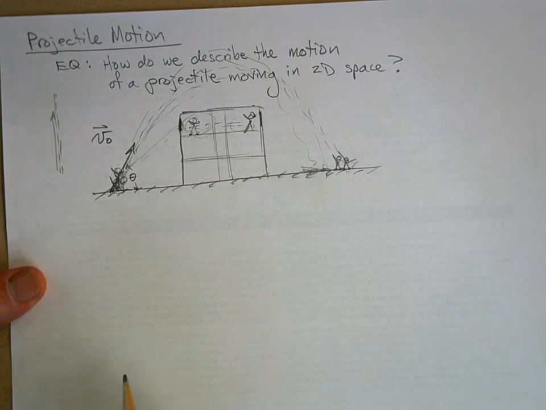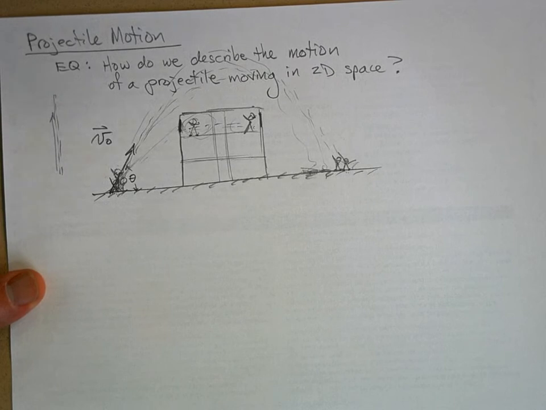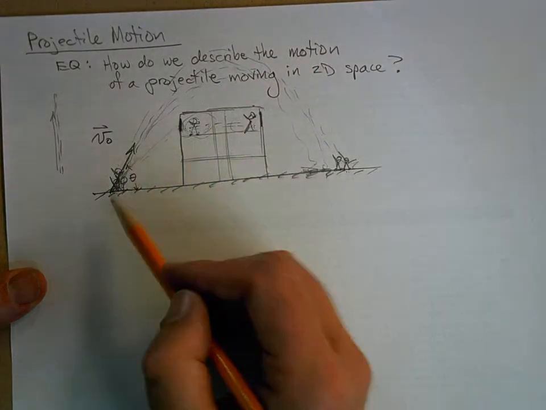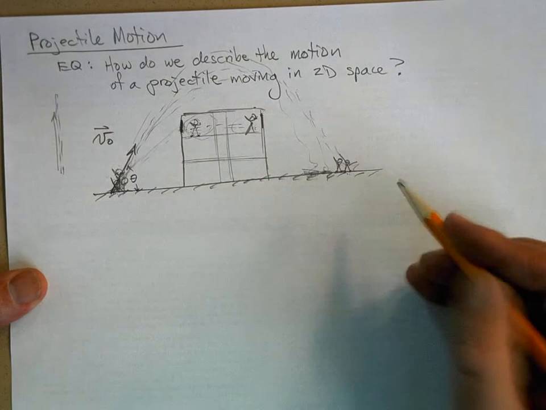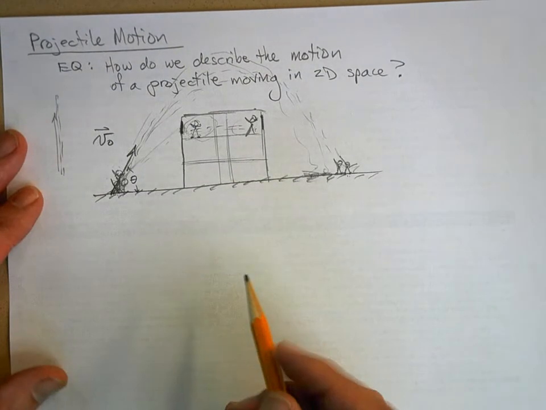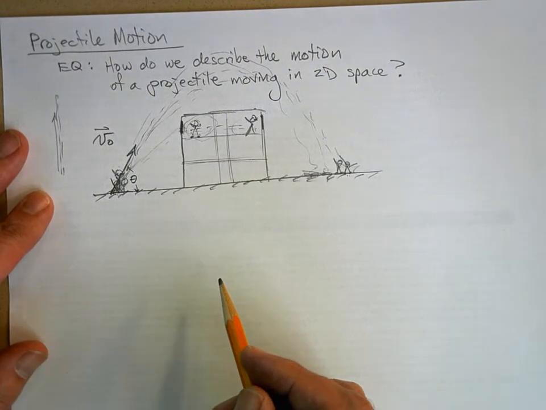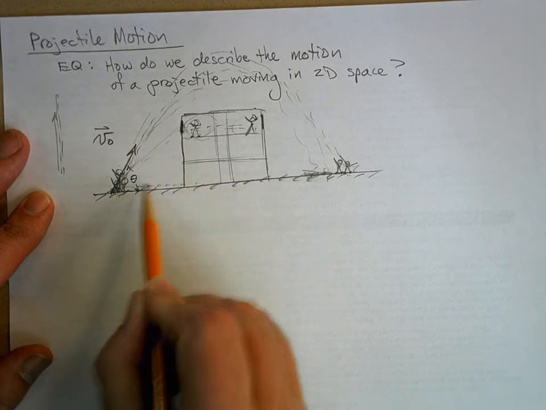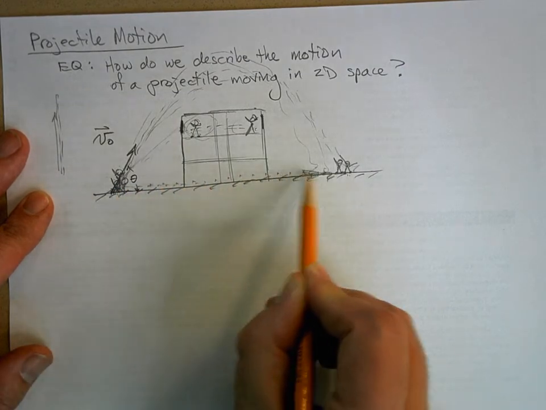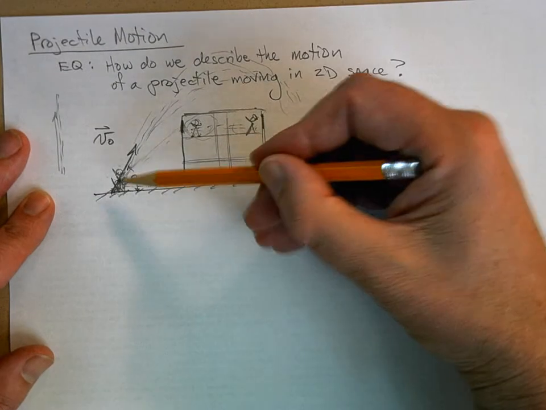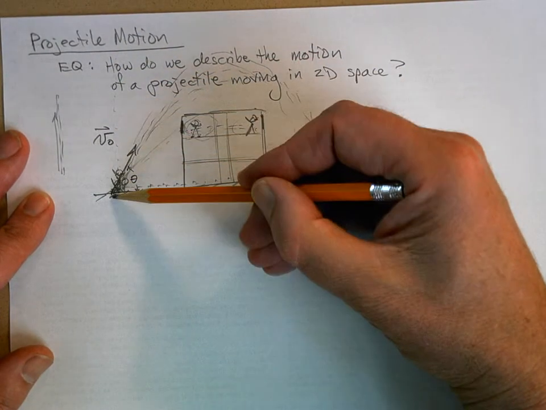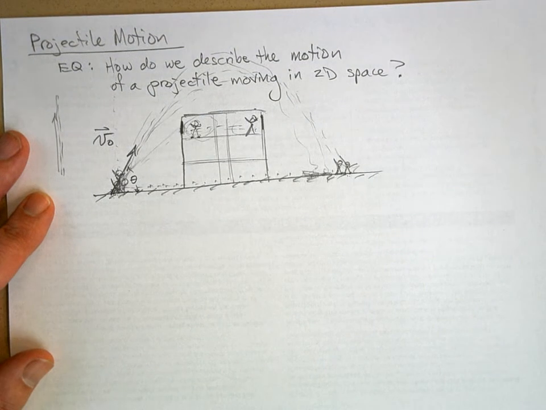Now, we want to understand this kind of motion. I want to be able to throw something in the air. Now, notice something: you can think of this water balloon as doing two things at once. The water balloon is moving horizontally, like this, while it's also at the same time going up and down.